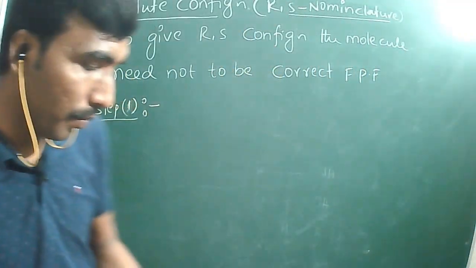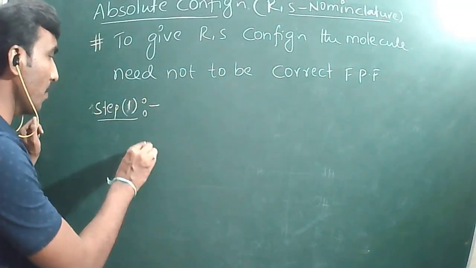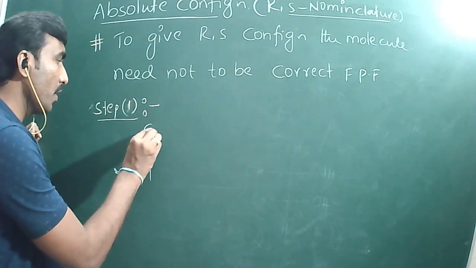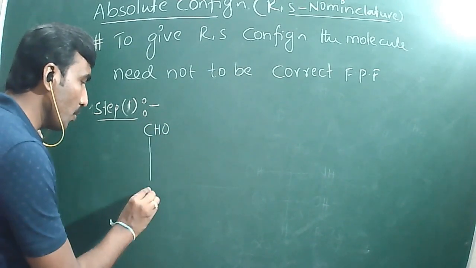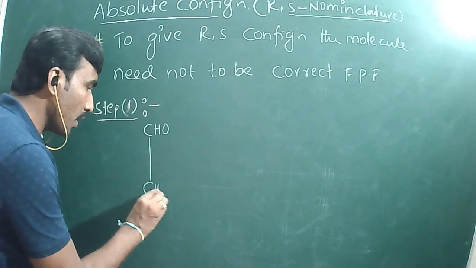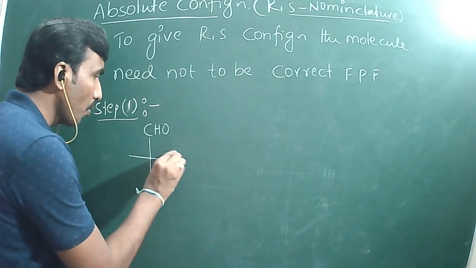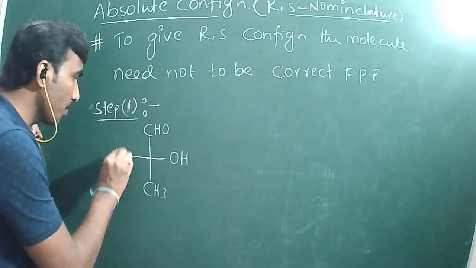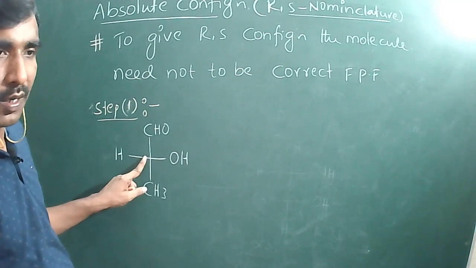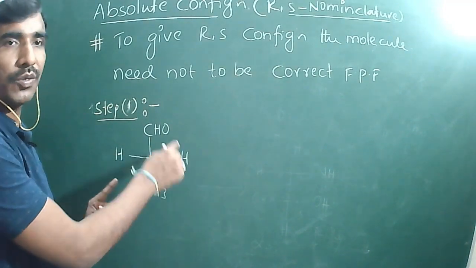Let me move with one example here. I am taking CHO and CH3, OH and H. Here this is our chiral carbon and these are the 4 groups attached to the chiral carbon atom.